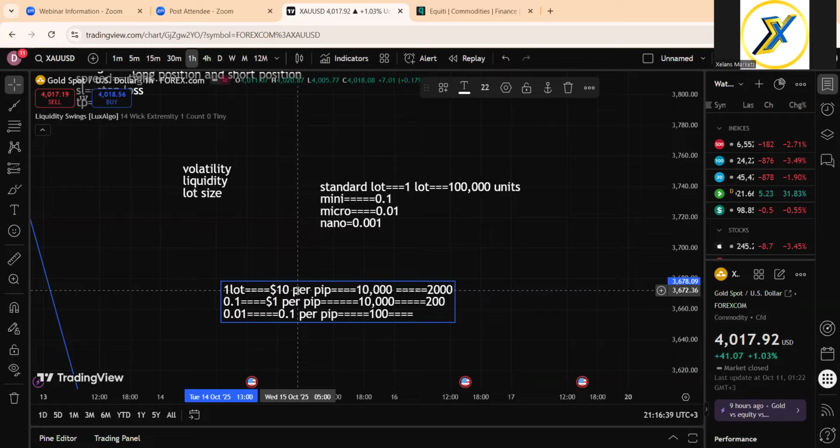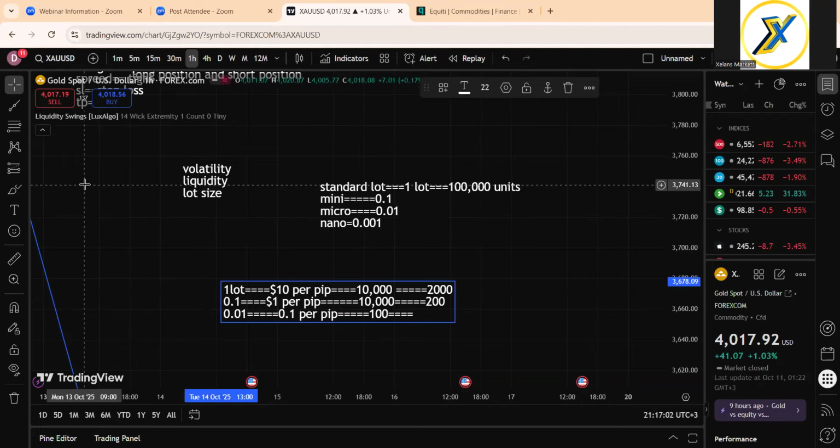So for the lot size and risk, always choose a lot size based on your account size and the risk percentage. We have people who would say, for every trade, I'm risking 5% of my account, 10% of my account. But a good trader would literally risk 1 to at most 3% of your account.